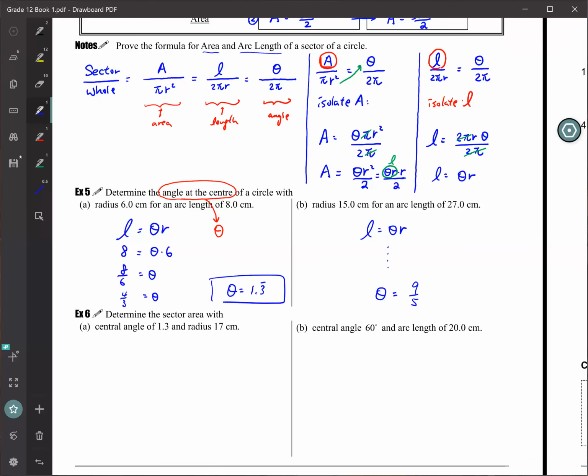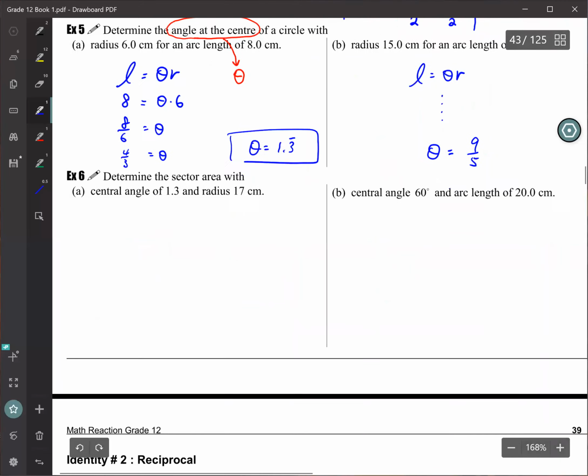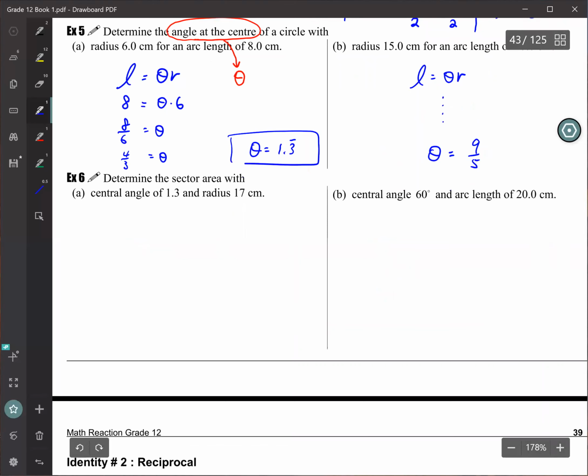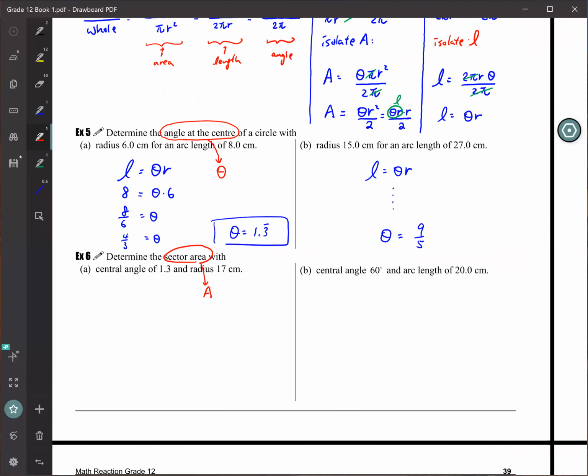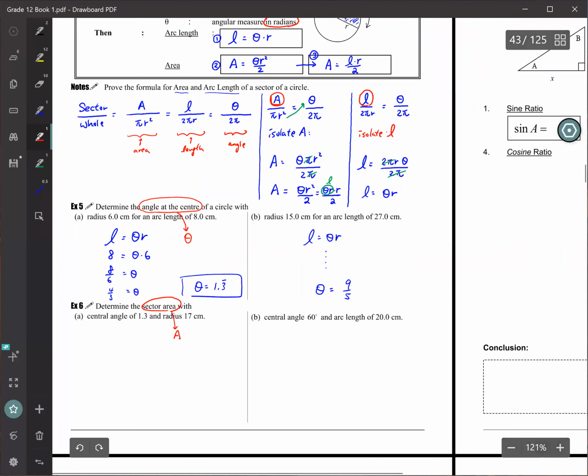Okay, question 6 is finding the sector area, right? And the variable for that for sure is A. Once you know what you're finding, you have 2 choices here. So think about which one we should choose.